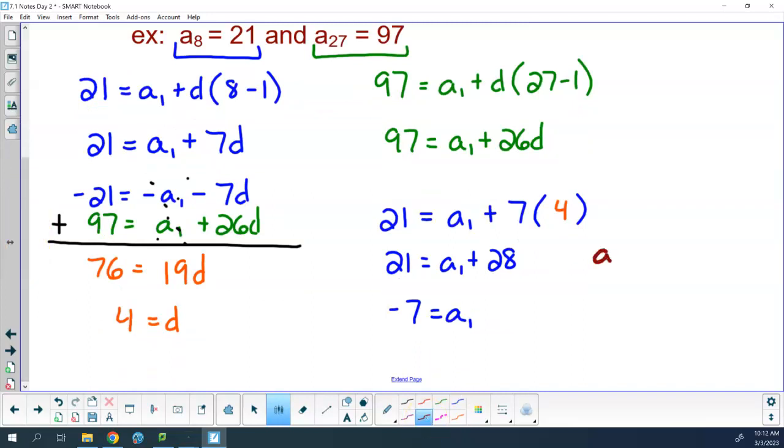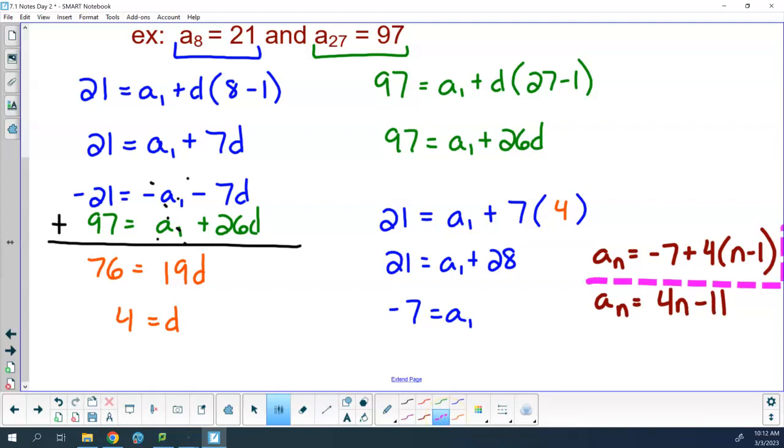So a sub n would equal negative 7 plus 4 times n minus 1. And again, I would accept that. I prefer 4n minus 11, but will accept the upper one.